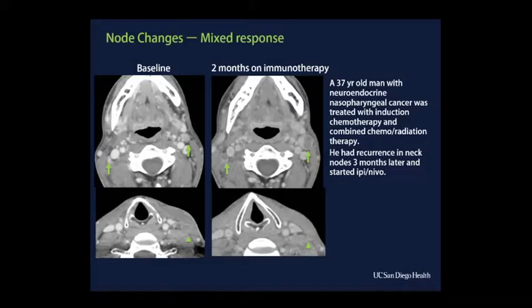But it's unknown if this hyperprogression is triggered by the immunotherapy itself or may just be a characteristic of very aggressive disease. But obviously, when you see that rapid doubling, that correlates with a poor survival rate. We do not know at this time what the underlying mechanism or all of the risk factors to be able to predict who shouldn't go on immunotherapy from that standpoint.